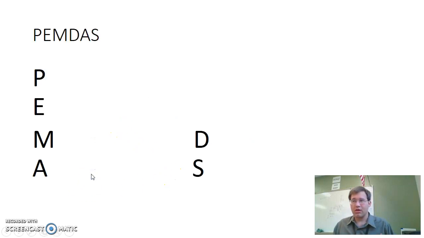So, what we use to guide how we solve things and simplify things is PEMDAS. It may be GEMS now, but I learned it on PEMDAS, so that's what I'm going to be talking about. PEMDAS is an acronym for an order of operations, and that is what you have to do in order to simplify things.